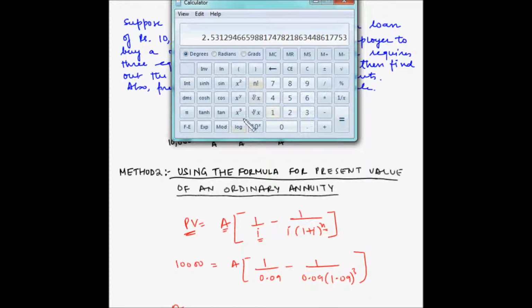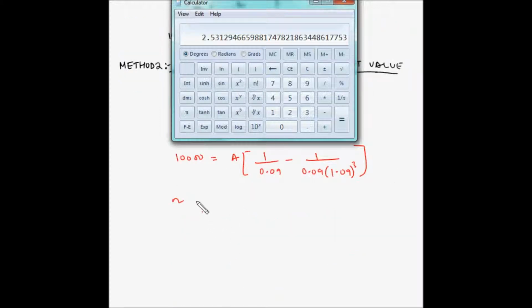This is a huge value, so it depends where you want to round it off, at 2 decimal or 3 decimal. In our case we'll round it off to 2 decimal here, so 10,000 is equal to A into 2.53, or A is equal to 10,000 divided by 2.53.